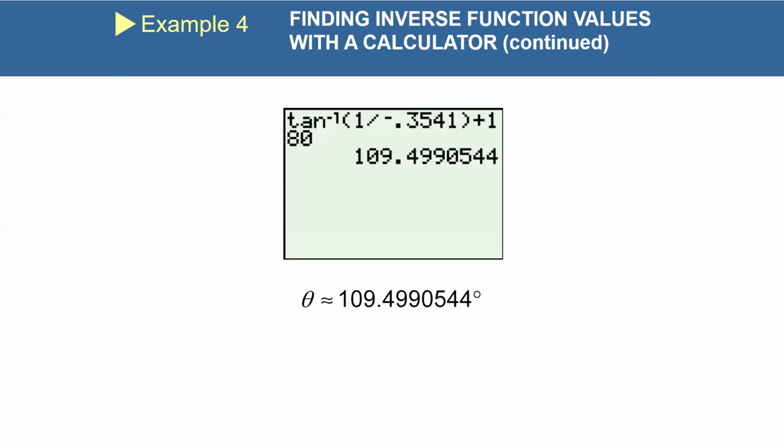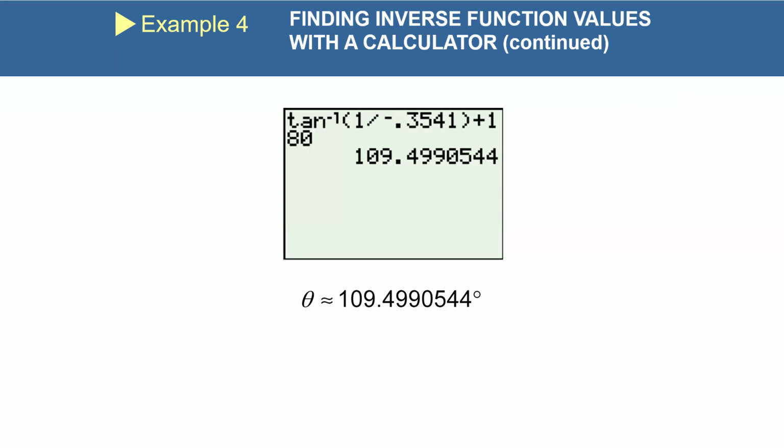So put it in the calculator, and you should have gotten 109.499 degrees. Like America said, if it had been positive, would I have had to worry about it? We would have been where we could be. We would have been in quadrant 1, and everyone shares quadrant 1, right? But because it couldn't be in quadrant 1 because it's a negative, that's why we had to add the 180.